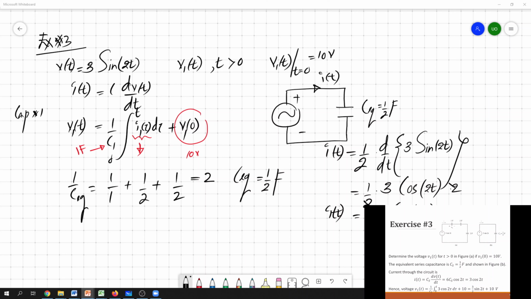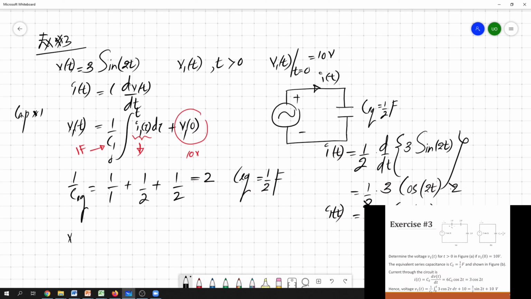We know that this same current flows through the entire circuit. So this is the current flow through the 1 farad capacitor, and the 2 farad capacitors as well. So then we can easily plug it in here.